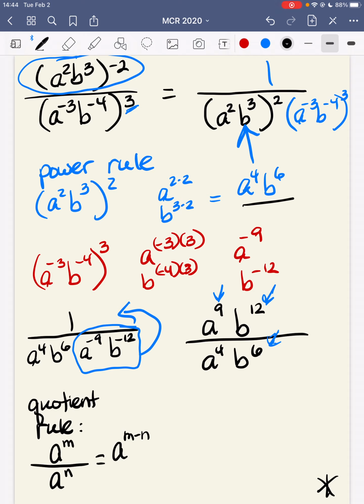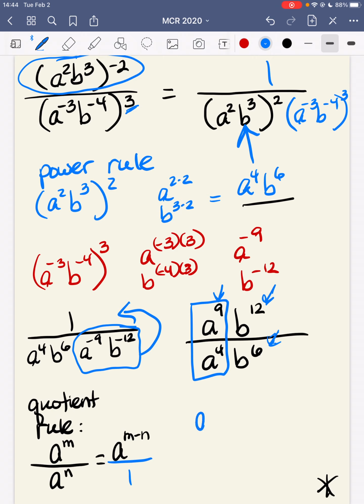Let's see how this works real quick. Okay, and if you're still confused with the quotient rule after this, that's fine. We'll be working with it a little bit more if you need to. Okay, so no worries on this. This piece here is all in the numerator, so let's think of it as a whole number.